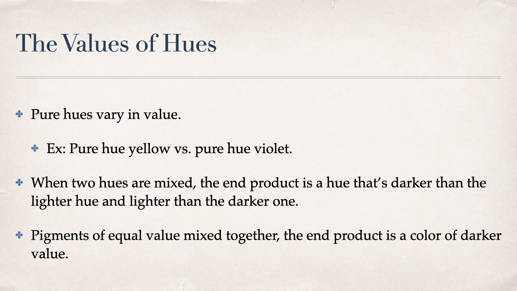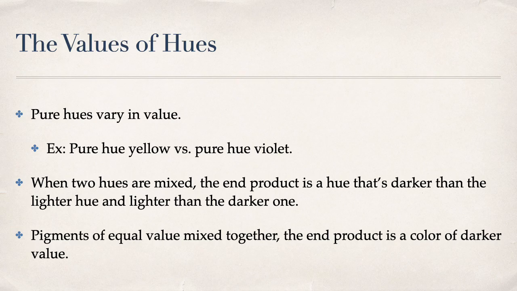Now, when two hues are mixed, the end product is a hue that is darker than the lighter hue and lighter than the darker hue. Pigments of equal value mixed together equal an end product whose color is of darker value.